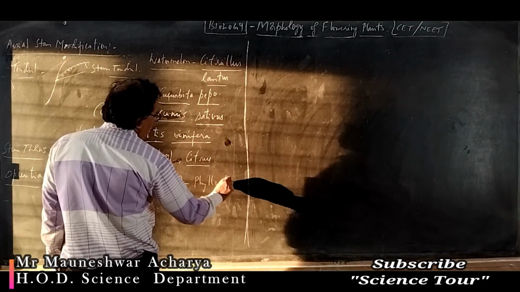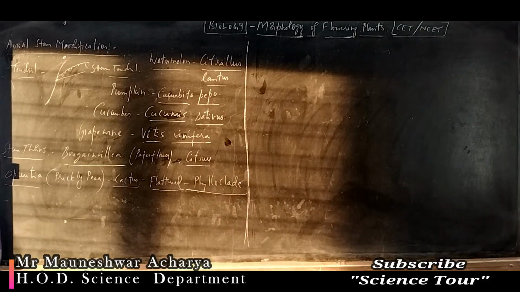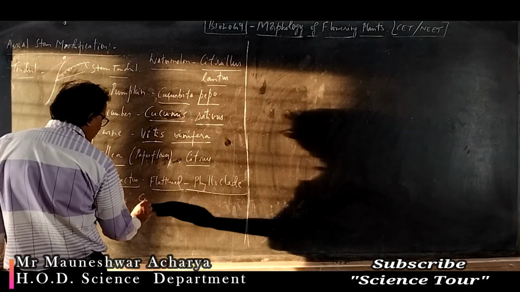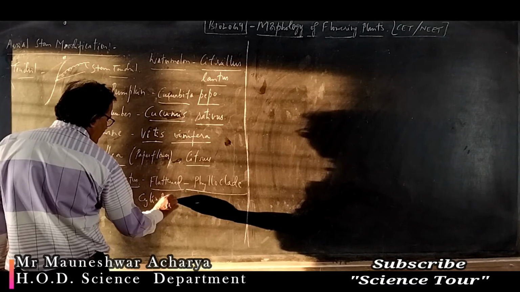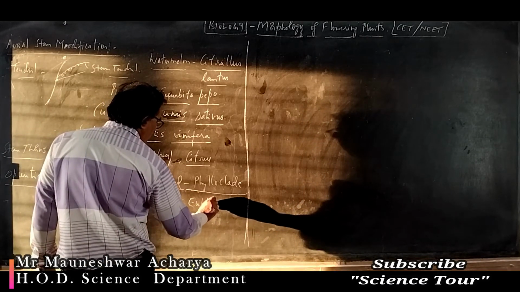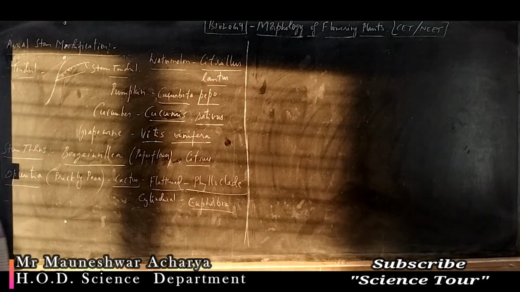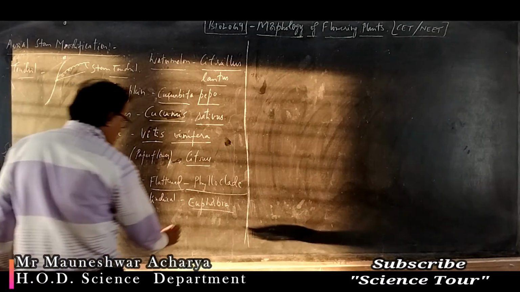What is called phylloclade? It may be flattened or cylindrical. Cylindrical in case of Euphorbia. Euphorbia is commonly called asthma weed.